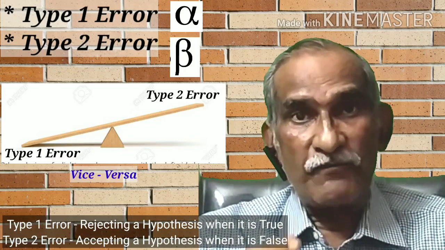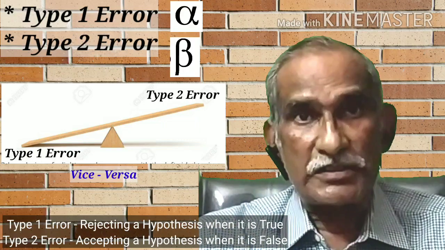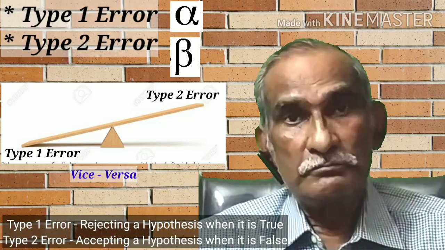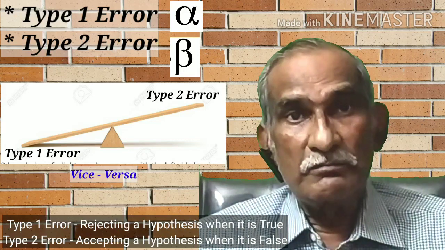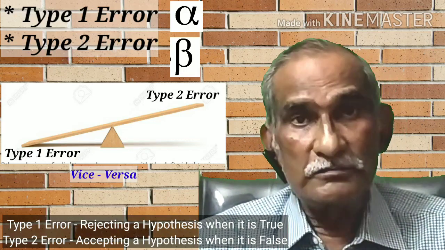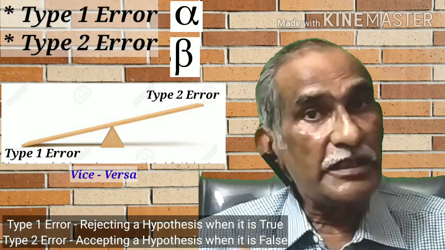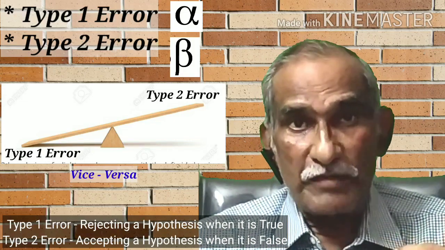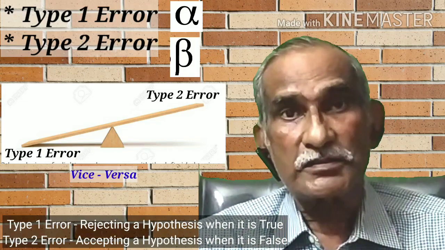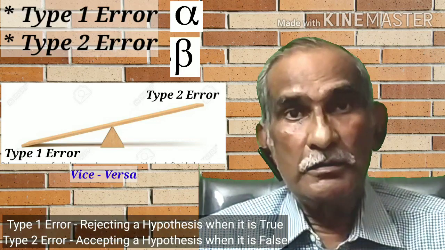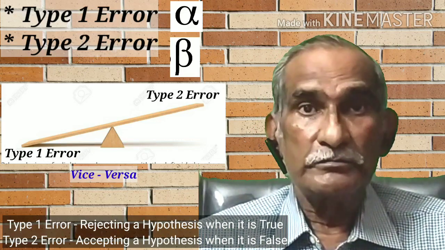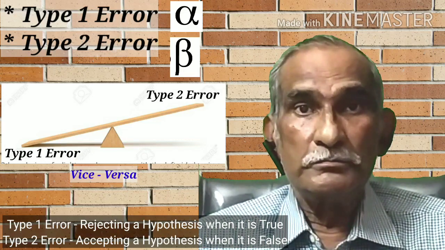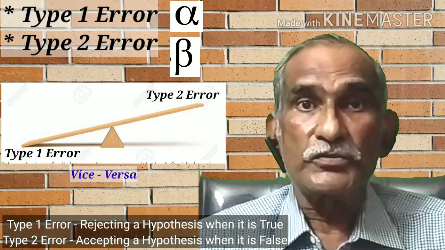We can't make alpha and beta minimum simultaneously. If we try to minimize alpha, beta increases. If we try to minimize beta, alpha increases. This is the difficulty. So how to manage this situation?